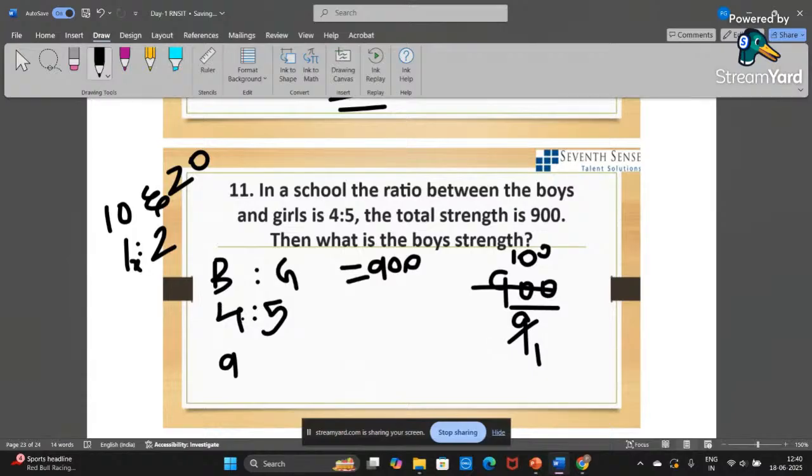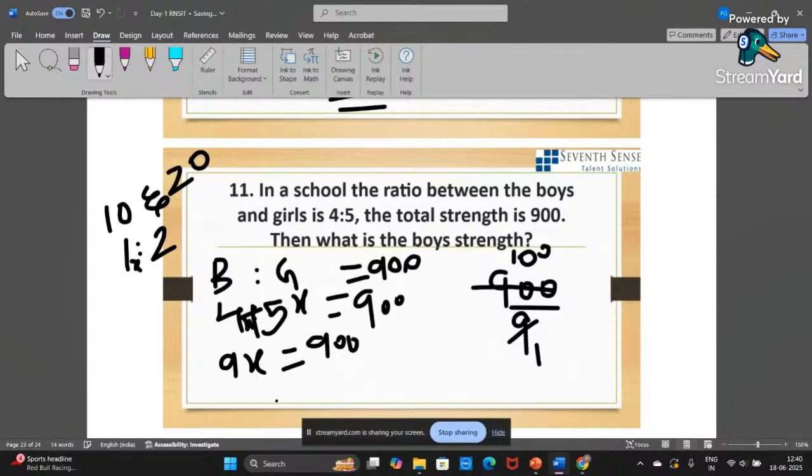In the same way here, let us write it as 4x plus 5x equals 900. So 4x plus 5x is 9x equals 900.